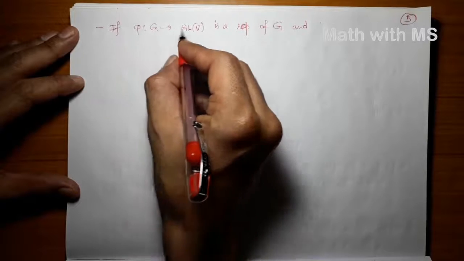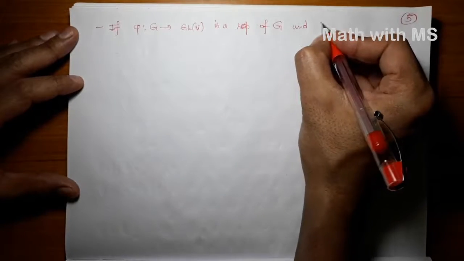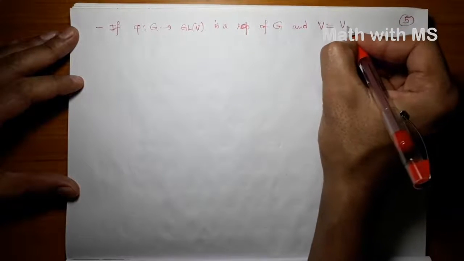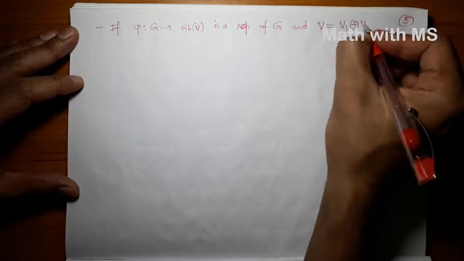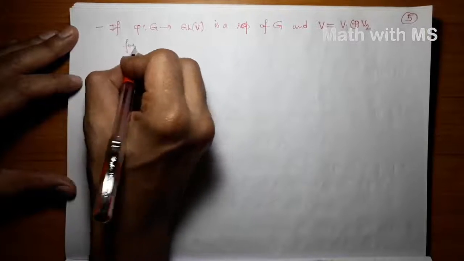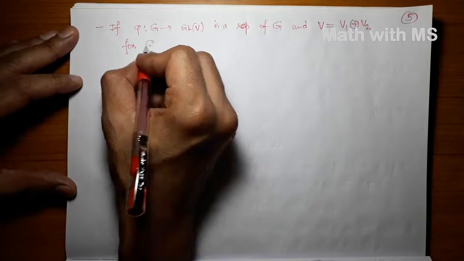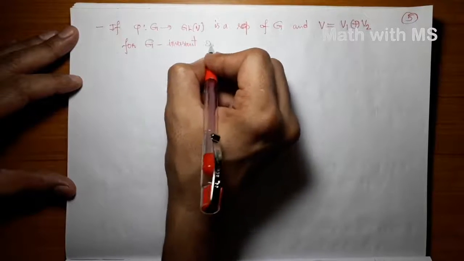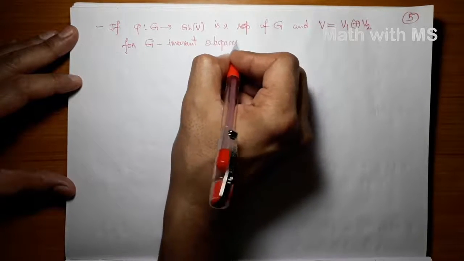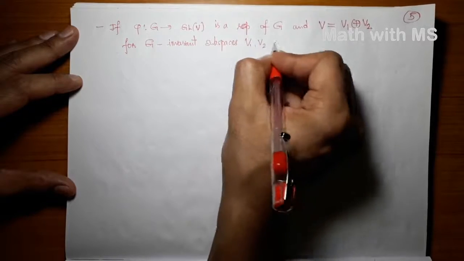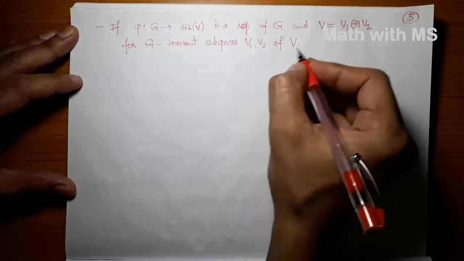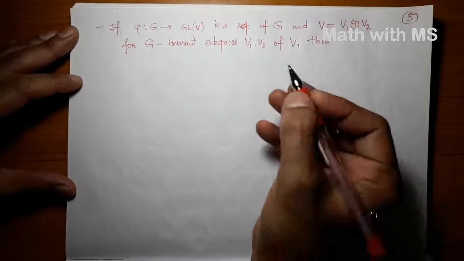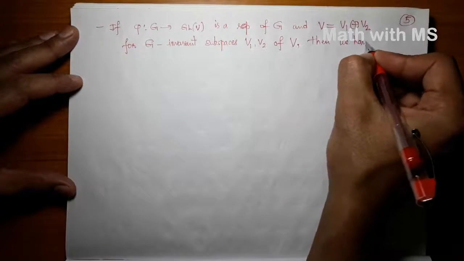If phi from G to GL(V) is a representation of G, and your vector space V can be written as V1 direct sum V2 for G-invariant subspaces V1, V2 of the vector space V, then we have two sub-representations.